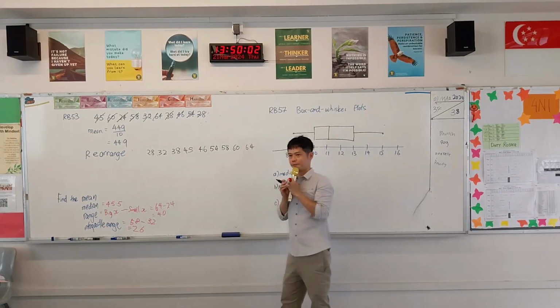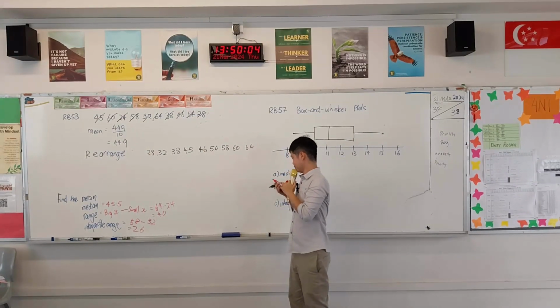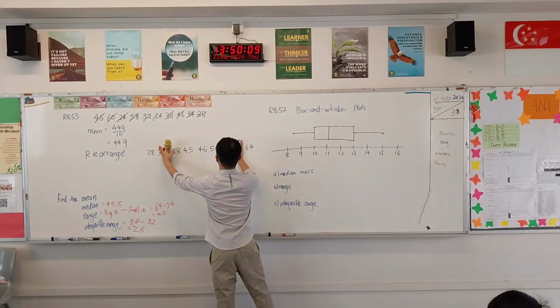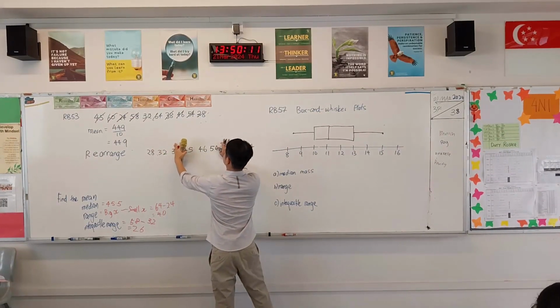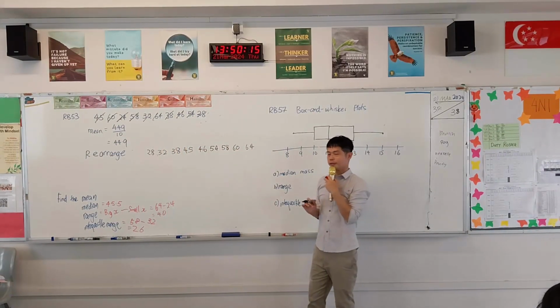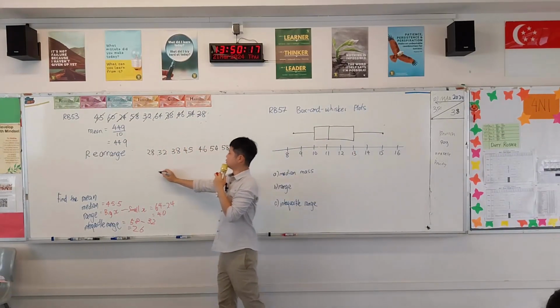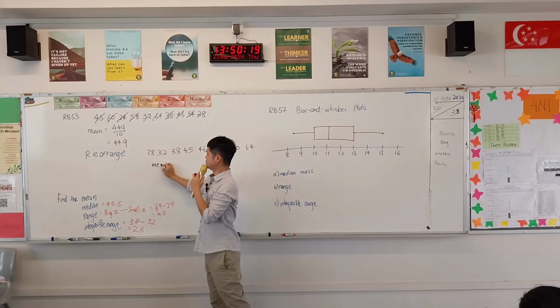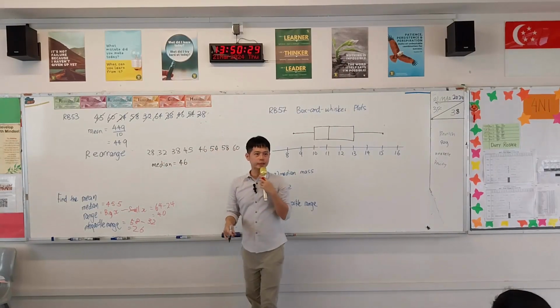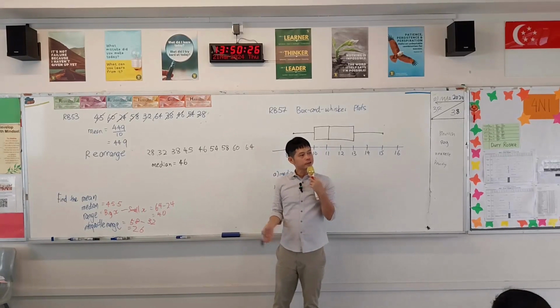Where is the median? Okay. So where is the median? Answer is 46. So the median now is 46. So you must be thinking, I go through this again for what?